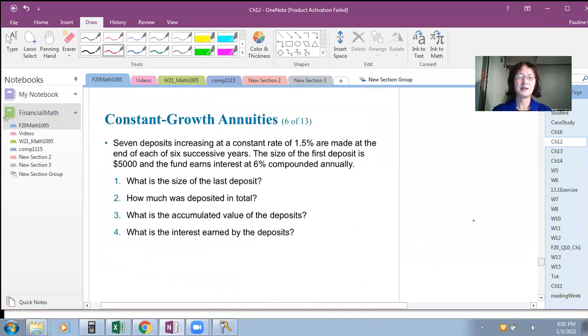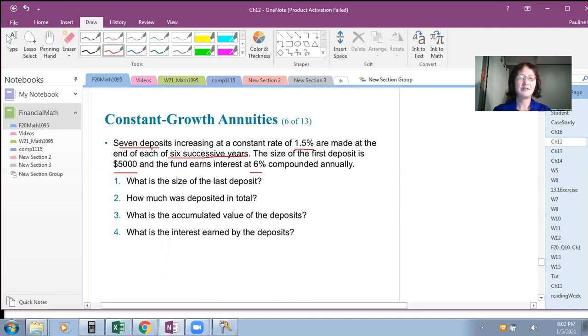Let's look at an example. 7 deposits increasing at a constant rate of 1.5% are made at the end of each of 7 successive years. The size of the first deposit is 5,000, and the fund earns 6% compounded annually. Question 1. What is the size of the last deposit? Before we answer the questions, we analyze the given numbers.